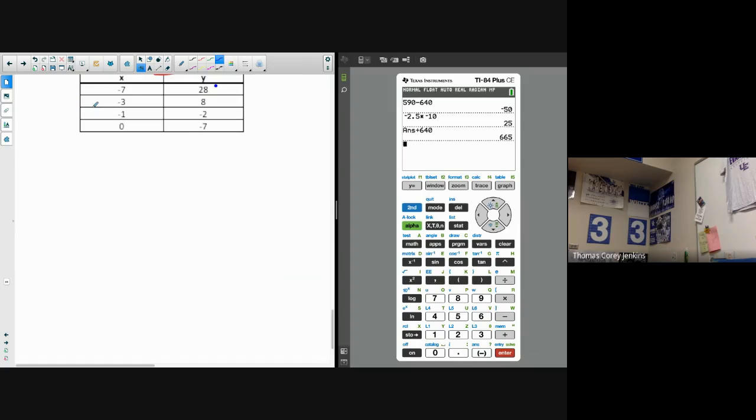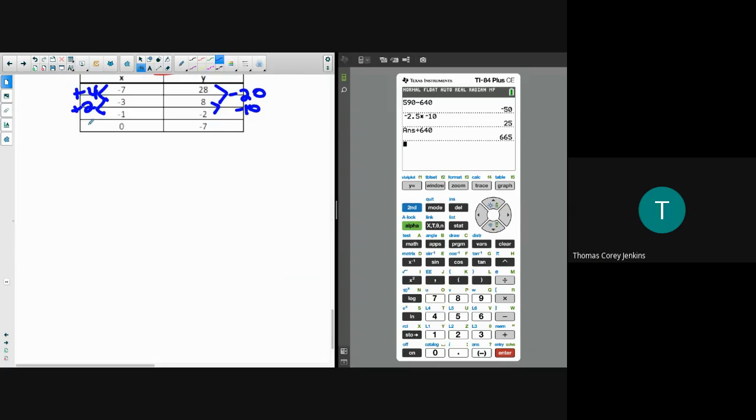Sorry, my computer is not keeping up. Negative 7 minus negative 2 would be minus 5. 0 minus negative 1 would be plus 1. This just makes sure that it's linear all the way through.